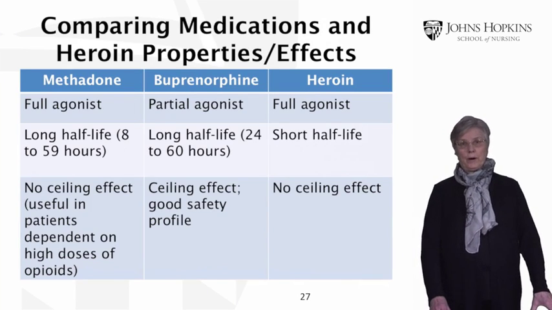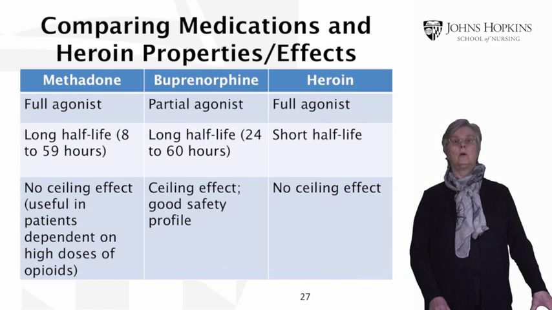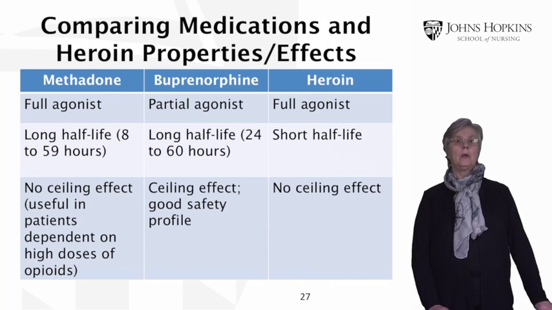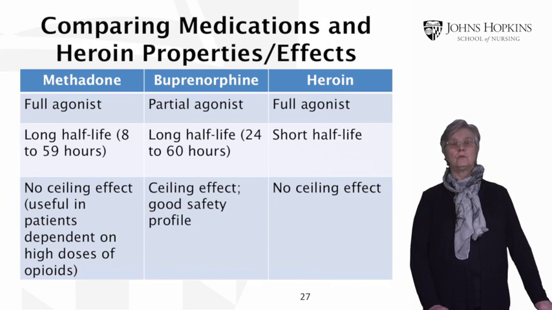Here we compare the medications and heroin properties and effects. To summarize, methadone is a full agonist. It has a long half-life, 8 to 59 hours, and there's no ceiling effect, so it's useful in patients who are dependent on high doses of opioids. Buprenorphine is a partial agonist. It has a long half-life, 24 to 60 hours, and it has a ceiling effect, so it has a good safety profile.